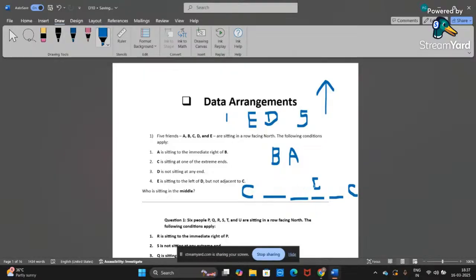Let's write B A. We don't know which side C is.